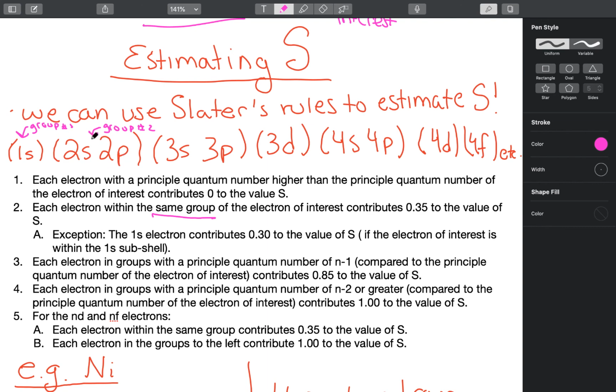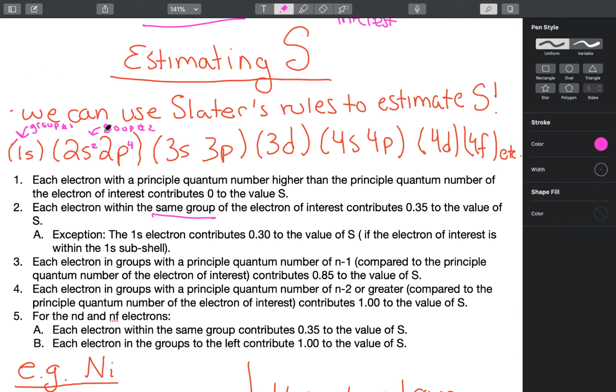So let's just say we have 2s2 and then 2p4, right? And our electron of interest is in the 2p subshell. So each electron within the same group of the electron of interest contributes 0.35 to the value of S. So if we're looking at an electron within the 2p subshell, we would just count all the electrons within this group besides that electron of interest.